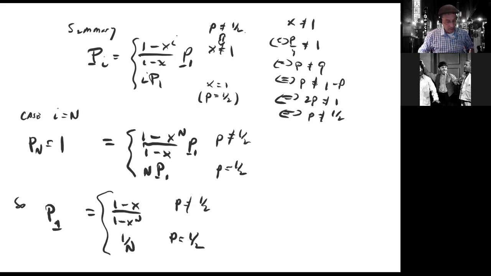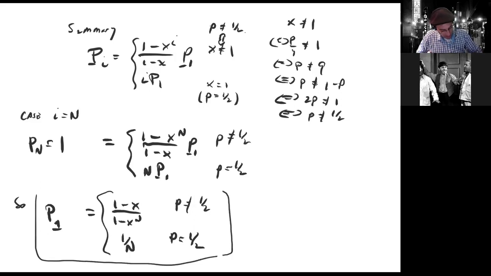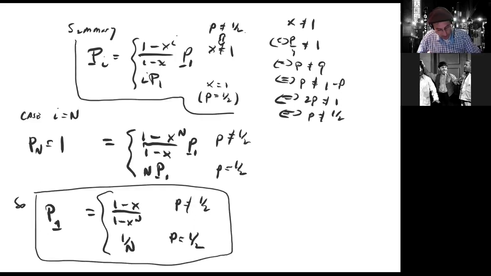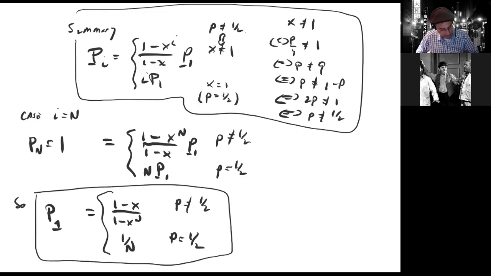So I got what P1 is. Okay, but if I got what P1 is, let me circle that, and I know what PI is in terms of P1, I can substitute the P1 into the top equation, substitute the value I got for P1.